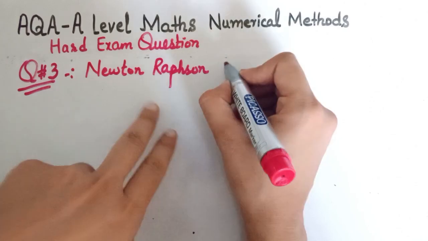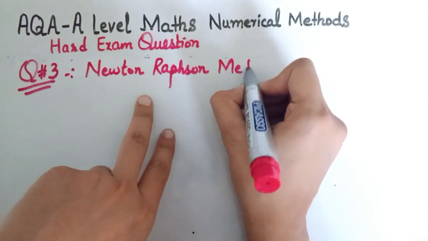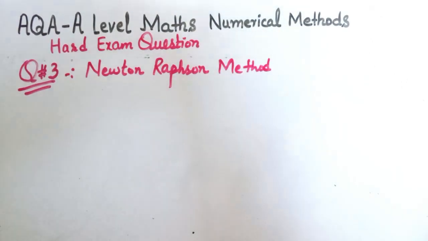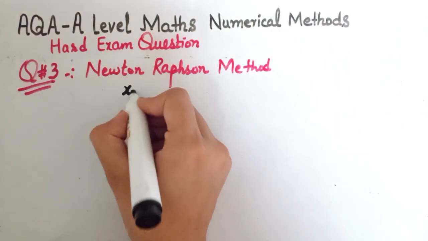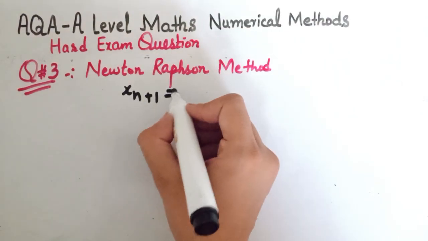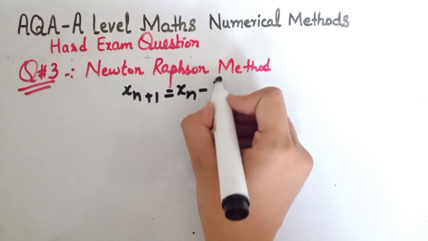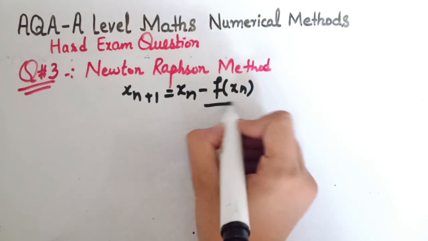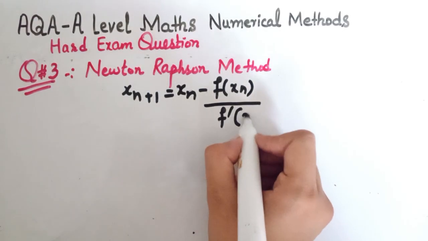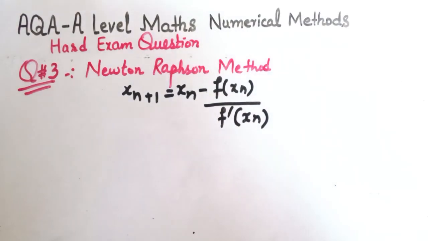And what is the formula of the Newton-Raphson method? We have x n plus 1 equals x n minus f of x n, divided by its derivative, that is f dash of x n.